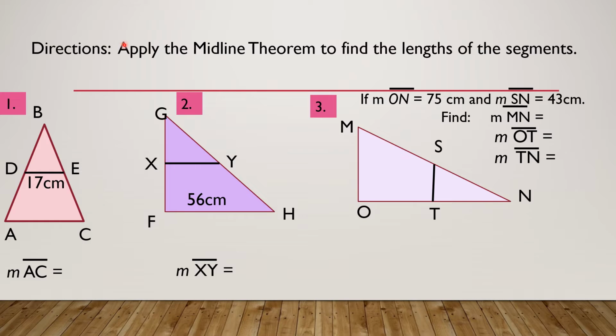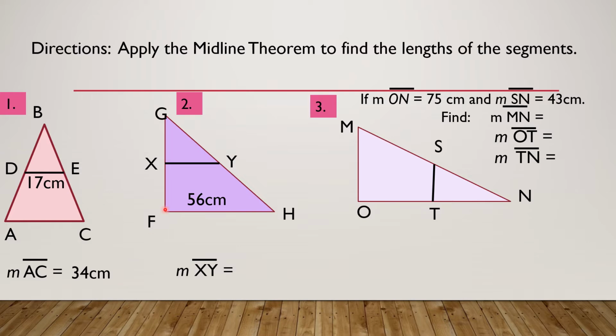So here, let's apply the midline theorem to find the lengths of the segments. I have triangle ABC here, and DE is the midline, and the measure of DE is equal to 17 centimeters. Find the measure of segment AC. If segment DE is equal to 17, therefore, segment AC is equal to 34 centimeters.